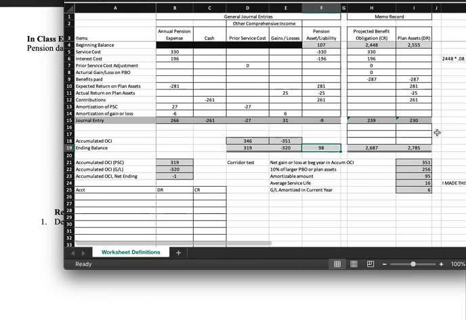That tells us that we're still in an overfunded position. We would show an asset on our overall balance sheet. Now that we have that, we can do the journal entry. We know our pension expense, we know our PBO, we know our change in plan assets, and we know all our amortization numbers. Now, keep in mind, these two columns here, you have to be careful with.